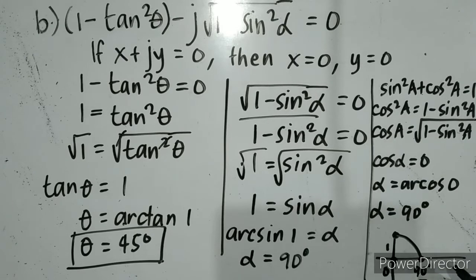That is why arc cosine of 0 is 90 degrees. Okay, so that's our second problem using Theorem 1 of complex numbers.